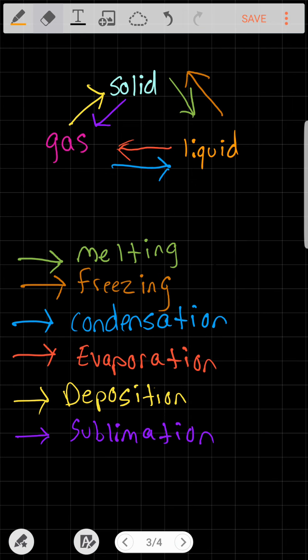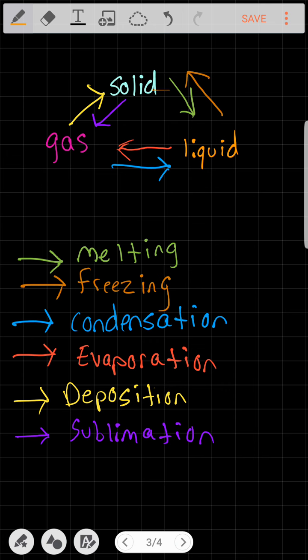Now, what we can do though is go through phase changes. So say I have a solid here, and I want you to look at my color-coded chart. It's color-coded based off what we have. So I have a solid to a liquid. If my temperature increases, my particles are going to get farther apart.